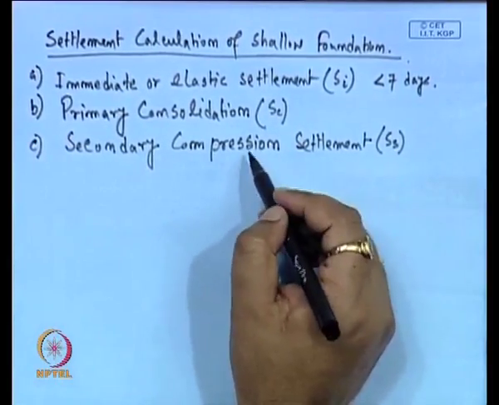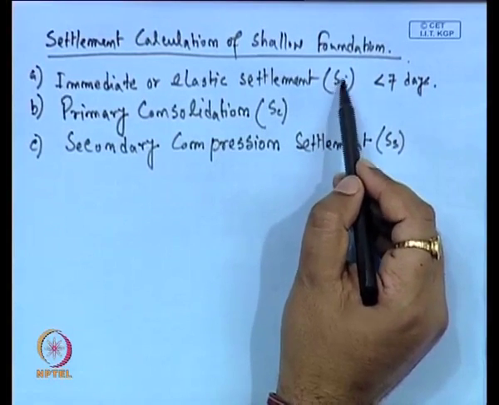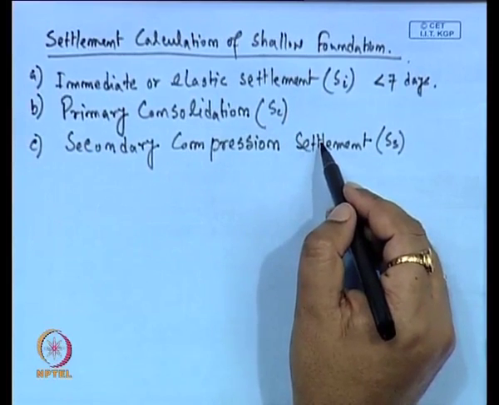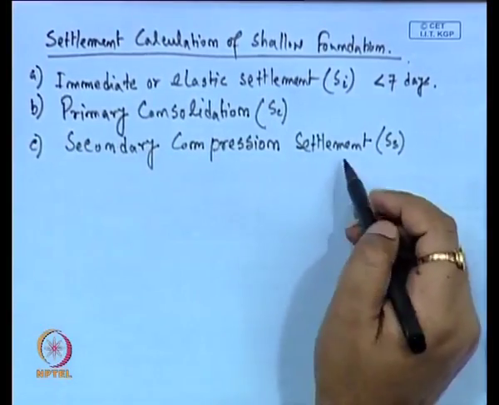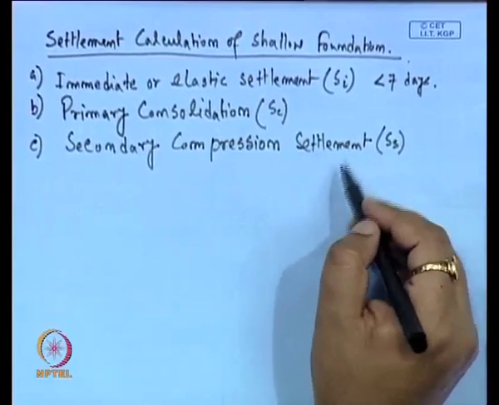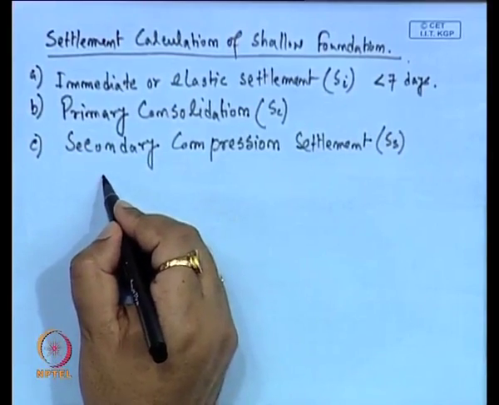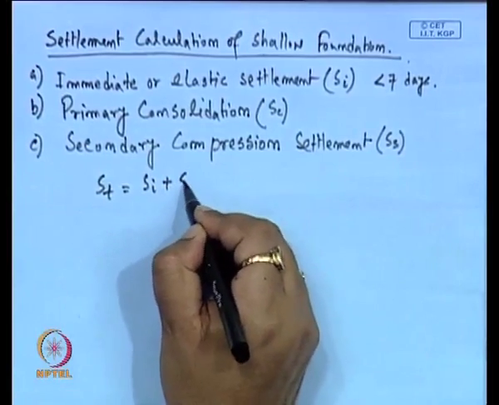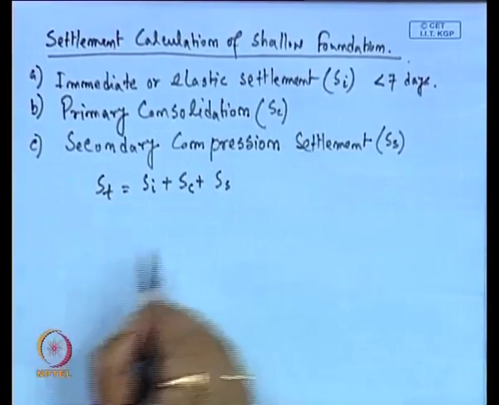This is the volume change occurring due to rearrangement of the soil particles. So, the secondary compression settlement is due to the rearrangement of the soil particles. The total settlement that we get is the summation of immediate settlement, consolidation settlement and secondary compression settlement.